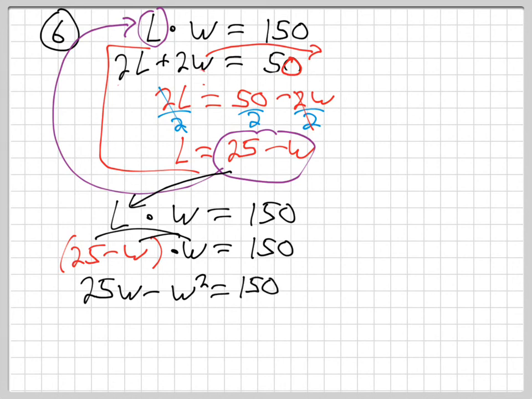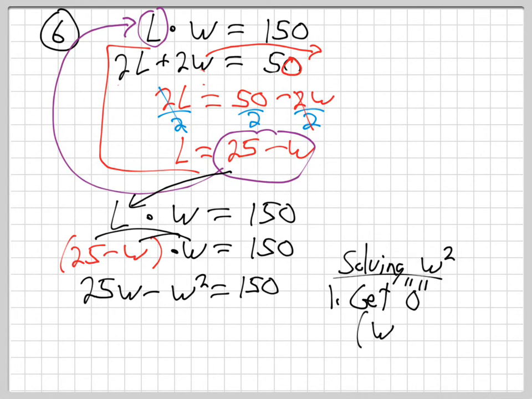All right, so we have an x squared equation. What's the plan for an x squared equation? How do we solve? So solving x squared, or in this case W squared, step 1, get a 0. Remember, it's all about 0. And put W squared on the side where it's positive.